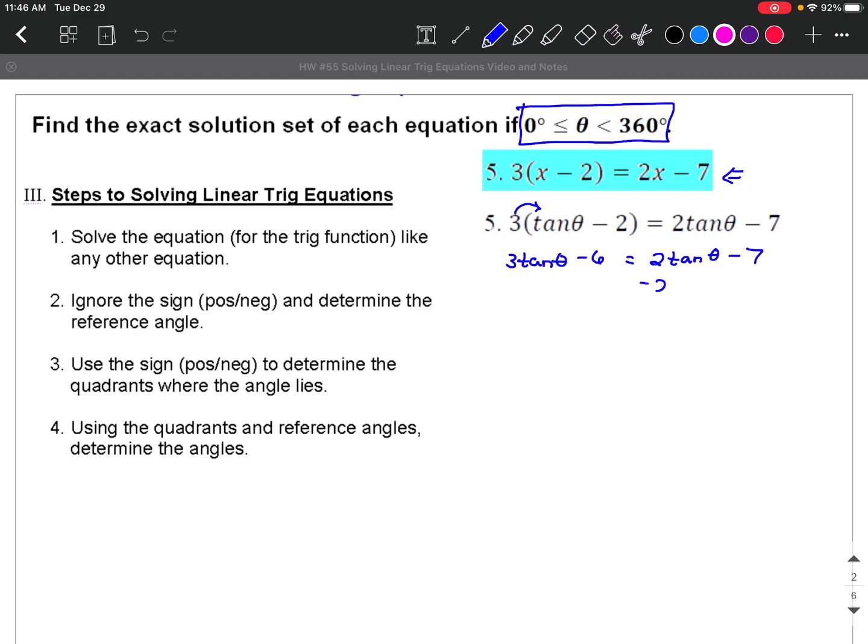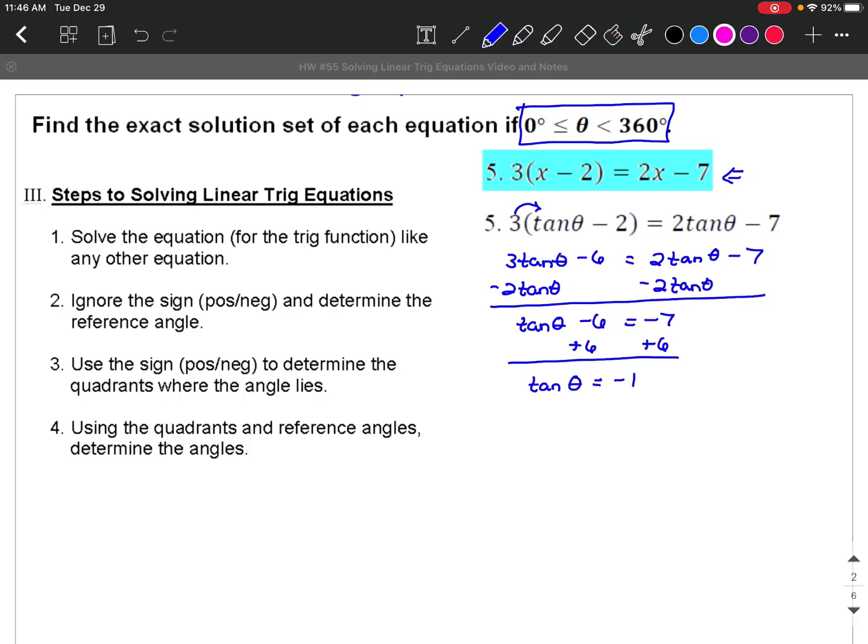Now we might subtract the 2 tan theta from both sides, which will give us tan theta minus 6 equals negative 7. Then we can add the 6 to both sides so that the tangent of theta is negative 1. Okay, that's all step 1.